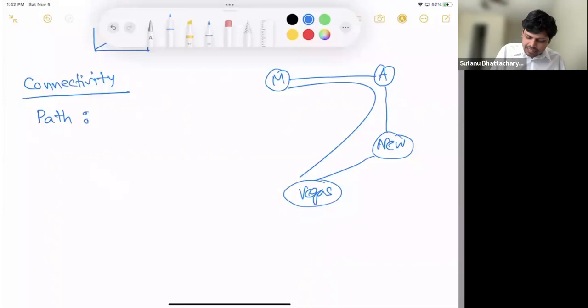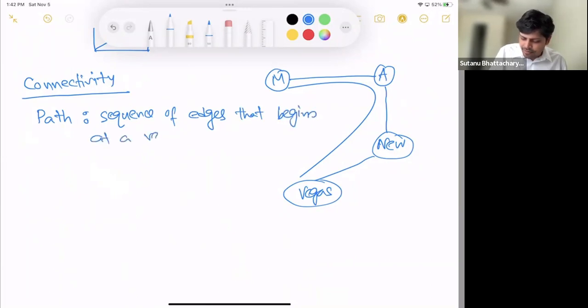So a path is a sequence of edges that begins at a vertex of a graph.